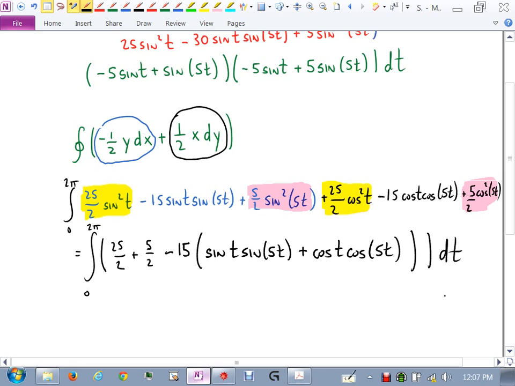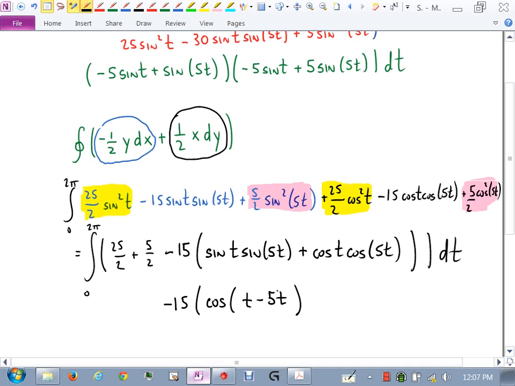So are you telling me that this thing turns out to just be negative 15 cosine? Does it matter if I say t minus 5t or 5t minus t? Because it's cosine, it's an even function. If I put in t minus 5t, I would get negative 4t.